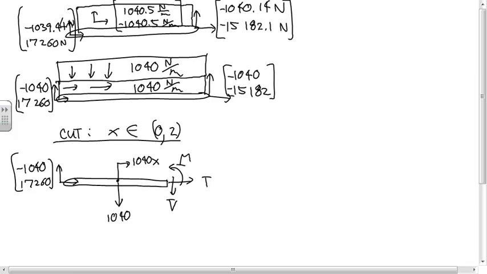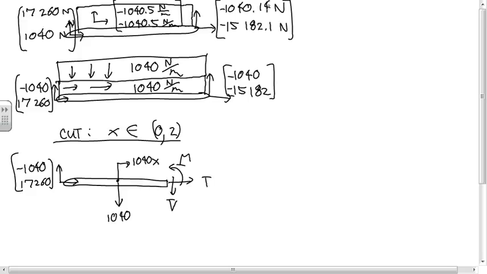Okay, so maybe we should just multiply that out, or you feel pretty confident about that? It is approximated by 7 pi. So positive 17,260. I just did it on my calculator. All these ones are right. And then positive 1040. And then these should both be negative 1040.